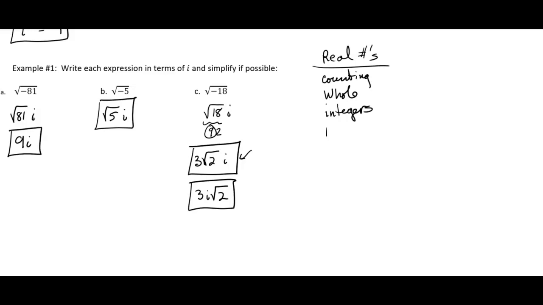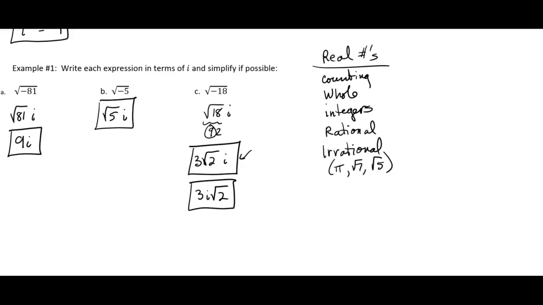It has the rational numbers, so all your fractions and your terminating decimals. And then it has the irrational numbers. Irrational numbers are things like pi, the square root of 7, square root of 5. They're decimals that go on and on and on, and they don't repeat, and they don't terminate. So all of your real numbers are those sets of numbers.